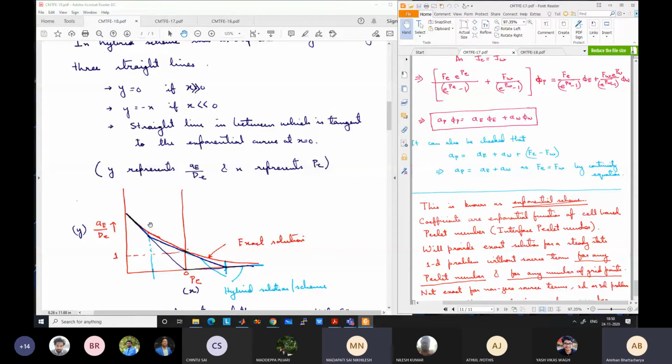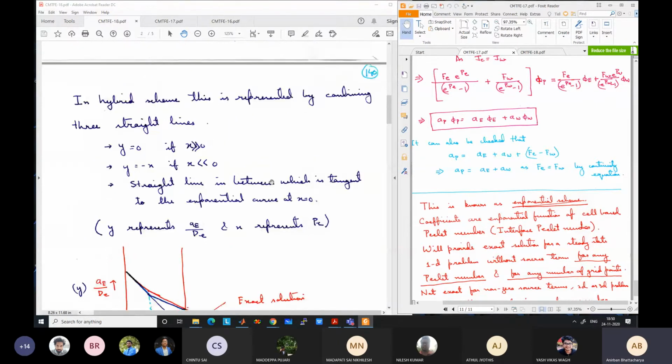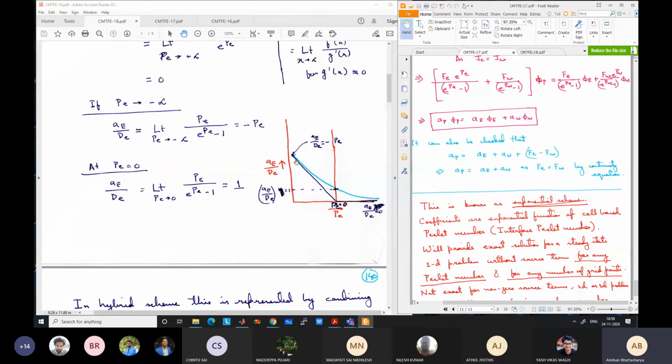The reason is that, if you see this curve here, the actual curve has very less difference with the straight line, it is very much tending.